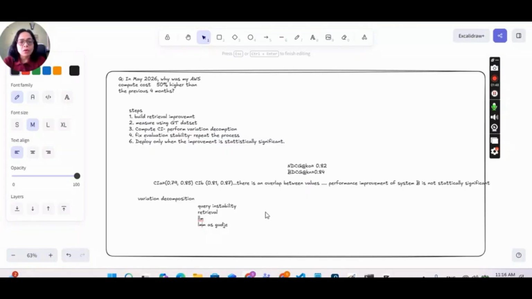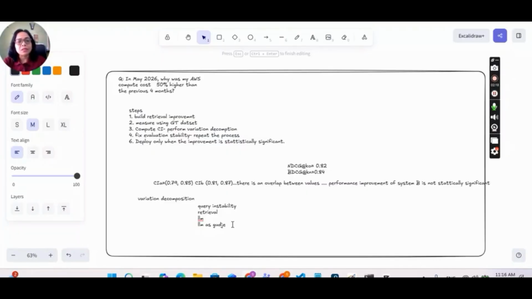So these are all components present inside it. So we need to check inside the complete system how stable each component is, how each component is responsible for generating the final response which is weak, and how we need to improve that one. All these things we can know through this variation decomposition.